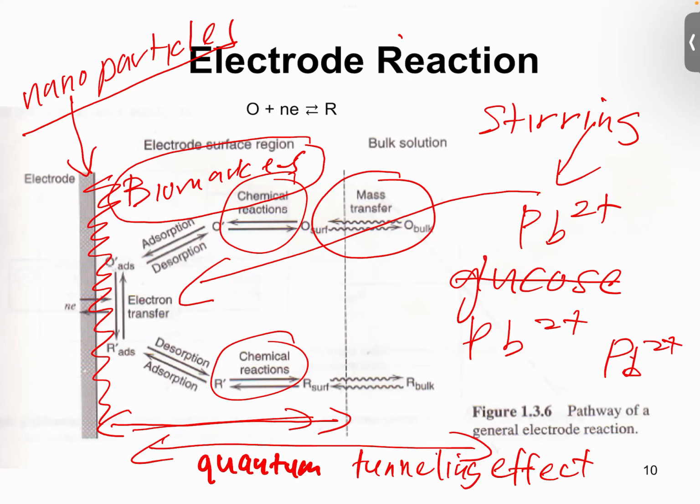In spectroscopy we rely on wavelength, intensity, but in electrochemistry we rely on current reading. Okay.